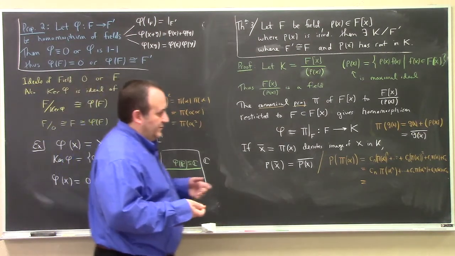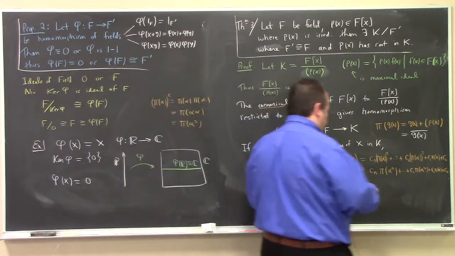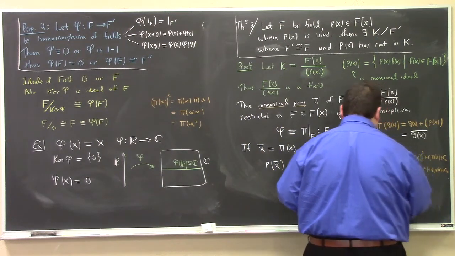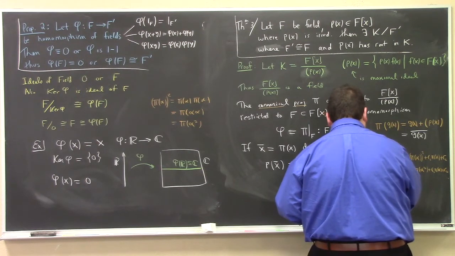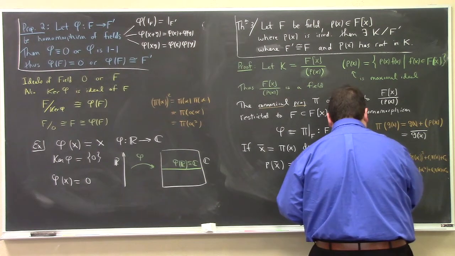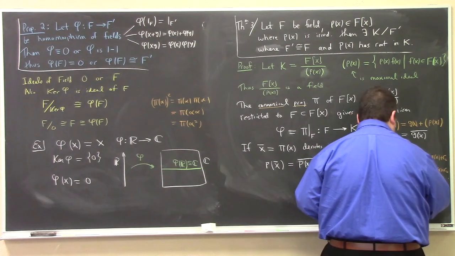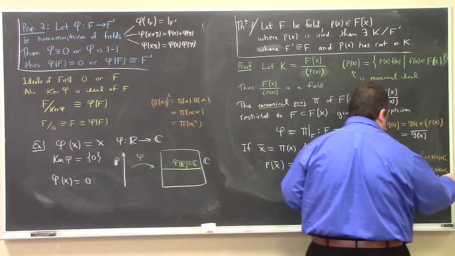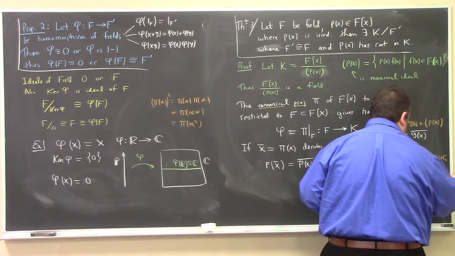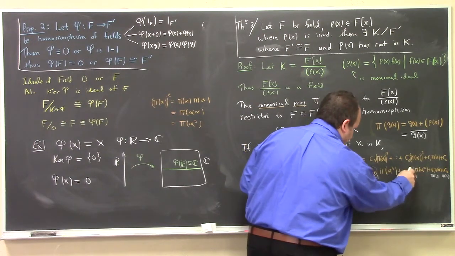So, to be totally pedantic, Cn is pi of Cn, this is pi of C2, this is pi of C1, that's pi of C0. Sorry, I'm getting kind of small. These coefficients are equal to that.